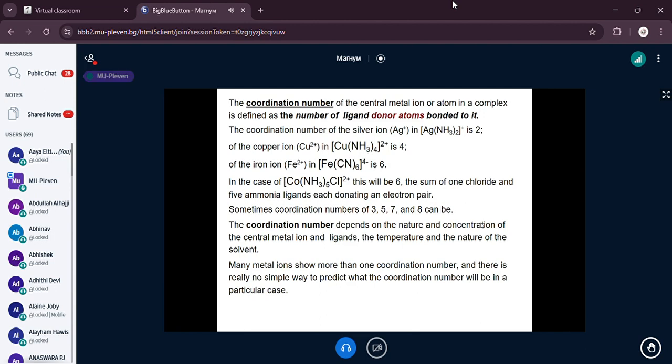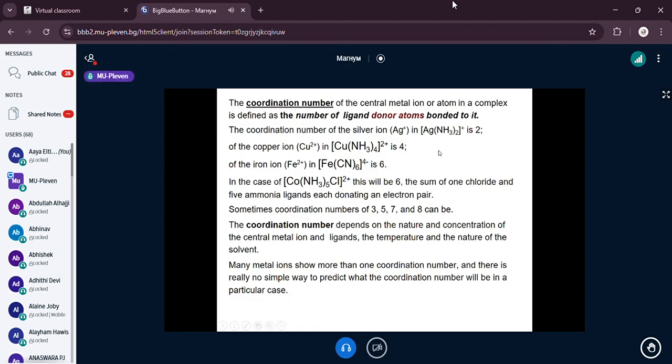Example: the coordination number of silver in the complex with ammonia molecules is 2. The coordination number of copper in this complex is 4. Or the coordination number of iron in the complex with cyanide ions is 6.